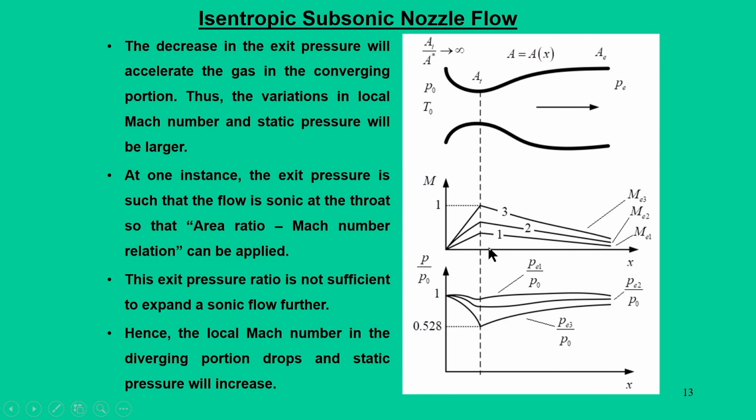So, in a subsonic flow we can have infinite solutions, but there is one particular pressure at which the flow can be sonic, but it will not expand further in the diverging passage. Because of this, the characteristic features of pressure ratio become this way: in the beginning you have pressure ratio Pe1, and slowly when you have Pe3, this pressure ratio is slightly less.